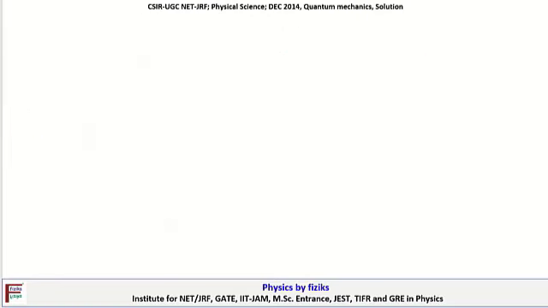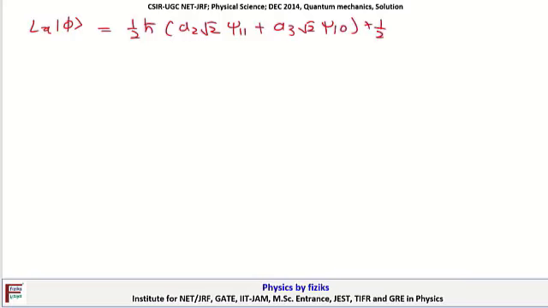This term would be equal to Lx phi is equal to 1 by 2 h cross A2 root 2 psi 11 plus A3 root 2 psi 10 plus 1 by 2 h cross (A1 root 2 psi 10 plus A2 root 2 psi 1 minus 1).